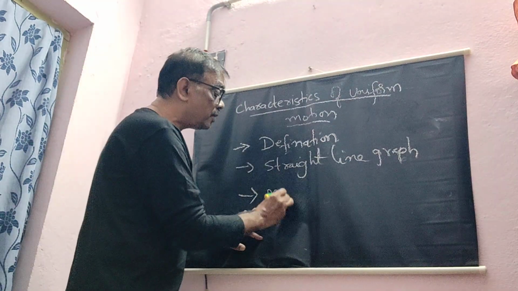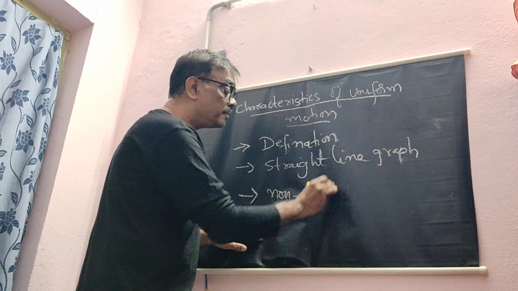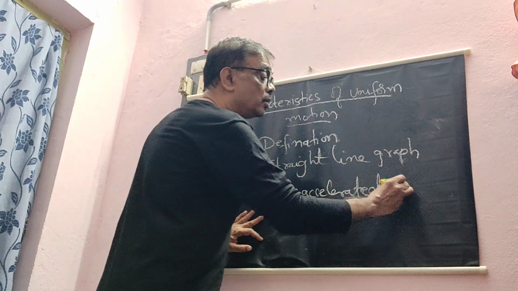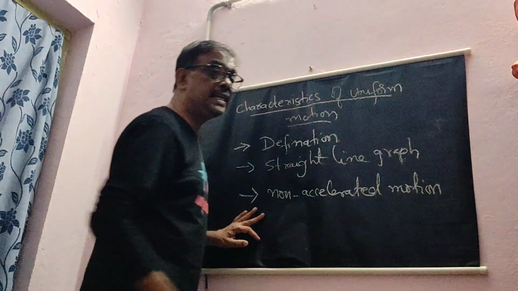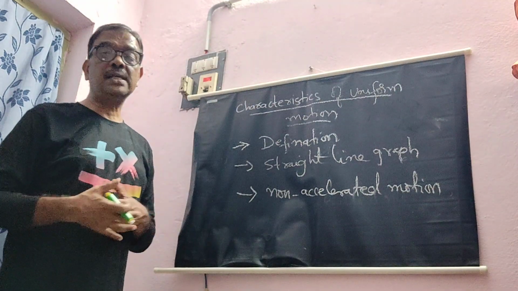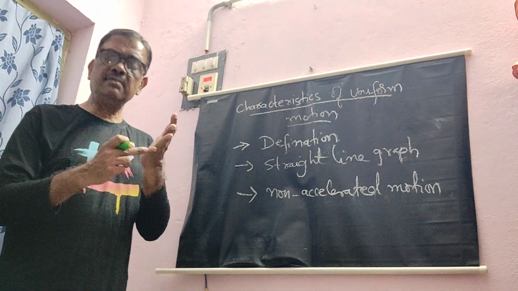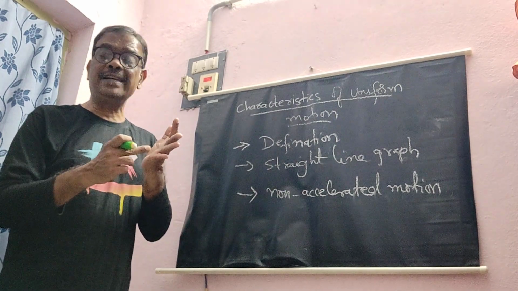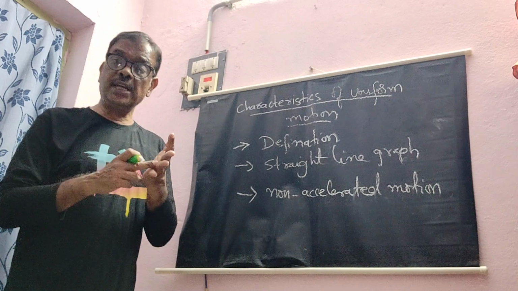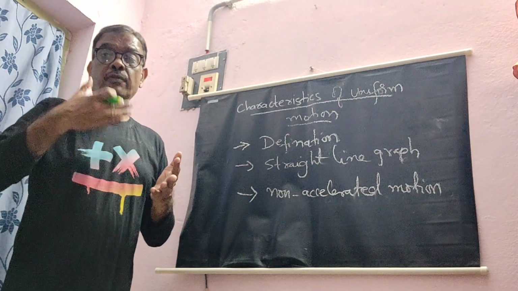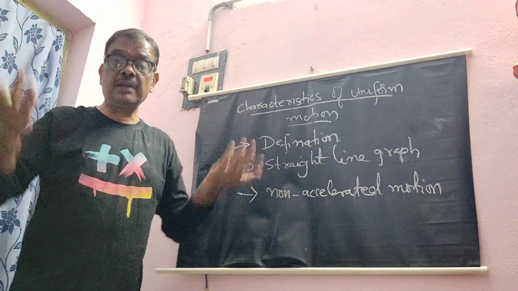Non-accelerated motion. Children, do you want to know what accelerated motion is? Accelerated motion means change in speed. For example, 1 second 5 meter, 2 seconds 15 meter, 3 seconds 45 meter, 4 seconds 75 meter.